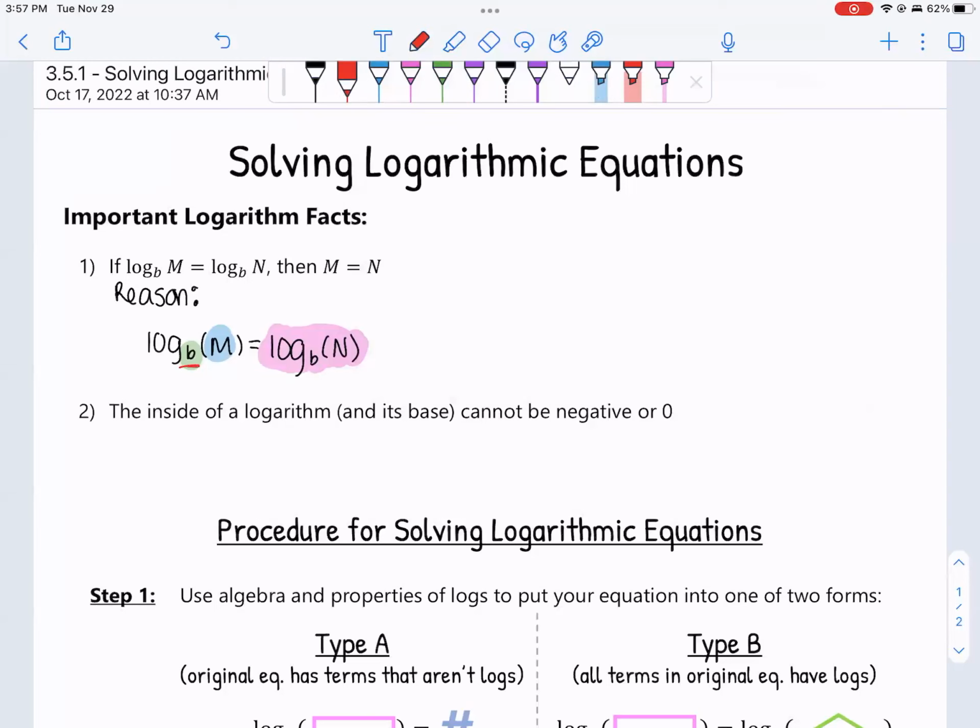My base is b, across the equals, raised to the log base b of n is equal to, back again, m.